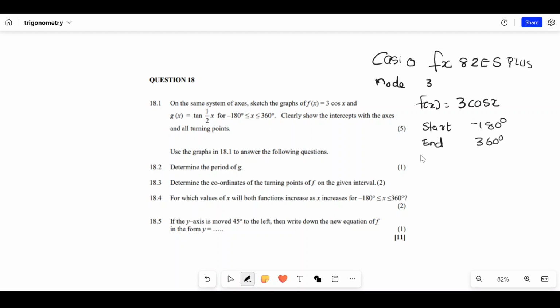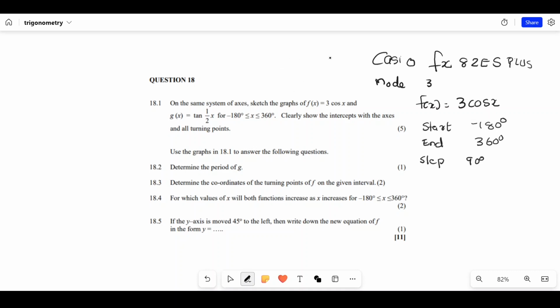Press the equal sign, then the calculator is asking you what the step is. The step for a cos and sine function is 90. If it's a tan function, it's 45 degrees. But if there is a coefficient of x, you divide the 90 by that coefficient.